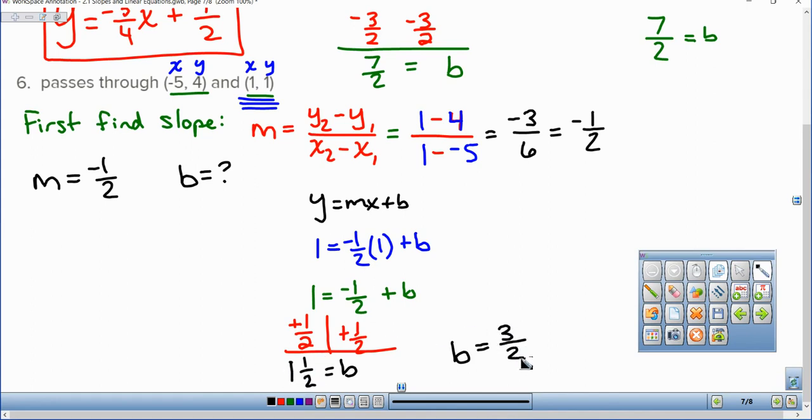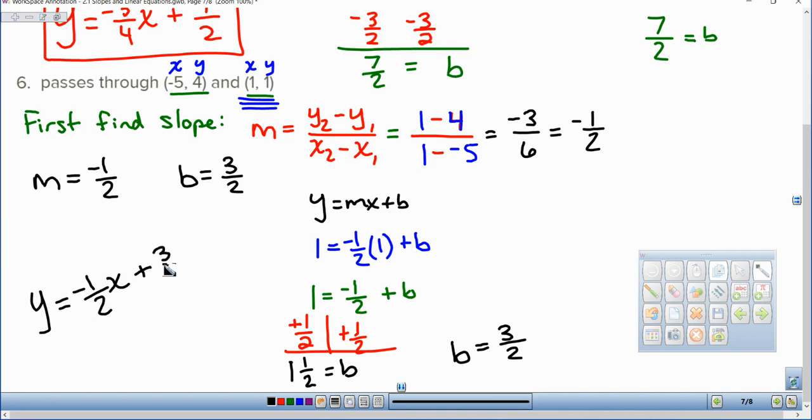You should get 3/2. So what is my b value? My y-intercept, it's 3/2. That means my equation must be y equals negative 1/2 x plus 3/2. And so that is the answer to this question.